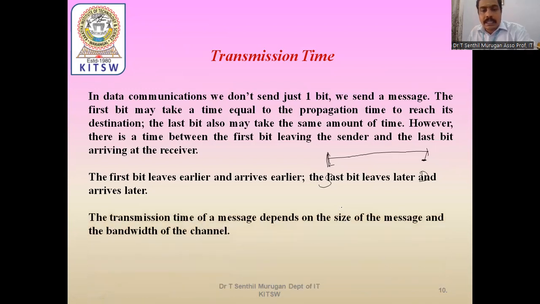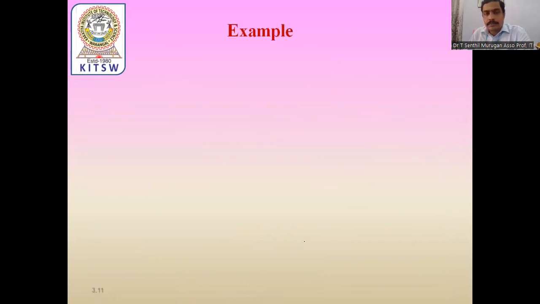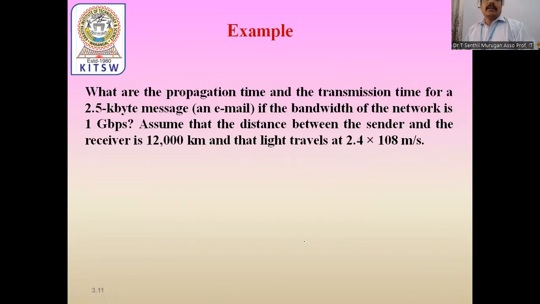The transmission time of a message depends on the size of the message and the bandwidth of the channel. So how to calculate transmission time? Total size of the message and bandwidth of the channel. For example, what are the propagation time and transmission time for a 2.5 kilobyte message? Okay, 2.5 kilobyte. Kilobyte means 1000 bytes.